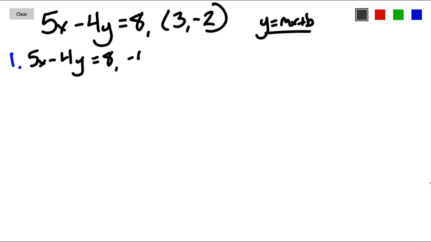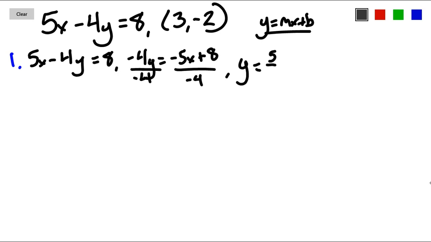So I've got negative 4y is equal to negative 5x plus 8. And then I just divide by negative 4. And I have y is equal to 5 over 4 x minus 2. So this is the equation of the line that we had in the question.